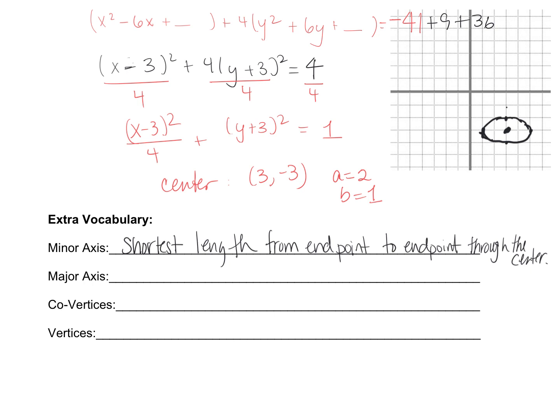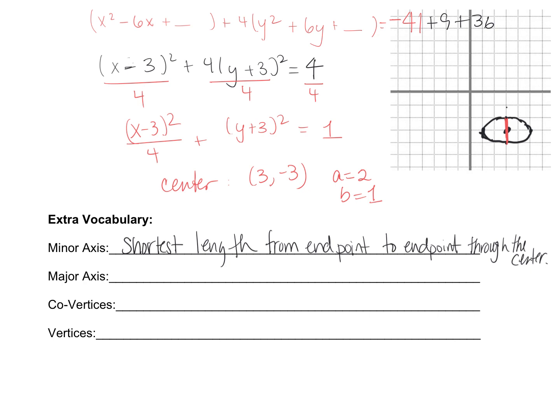So if we look at this one that's up here, what I have in red is your minor axis because that's the shortest, okay? And so from one end to the other, the length of it. Okay, so you're talking about the length. So what would be the length of that one I just drew?